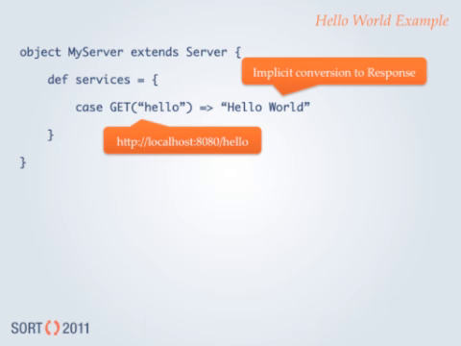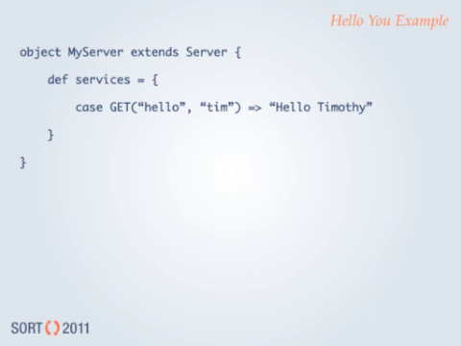So it's doing that for you in this case. And then just to emphasize again that the input is the request, which we're matching against, and in Scala, the last statement within a block of code, in this case just the literal hello world, is the response from the function.